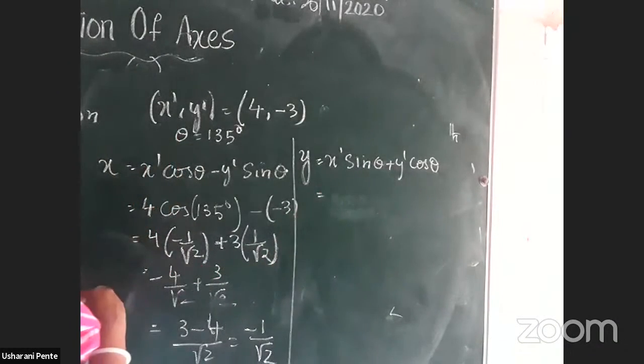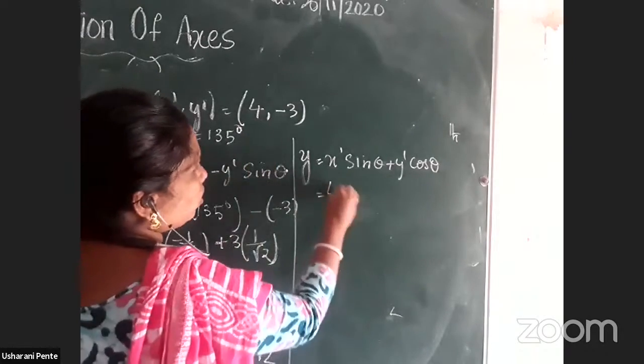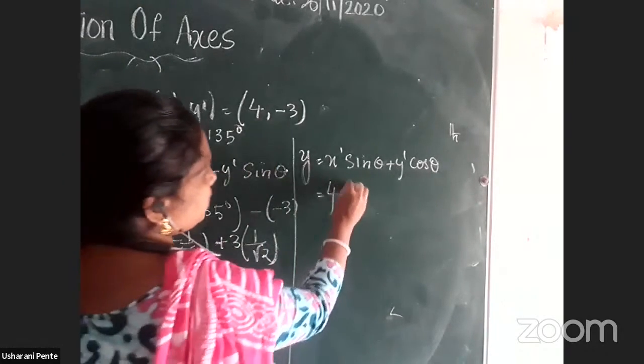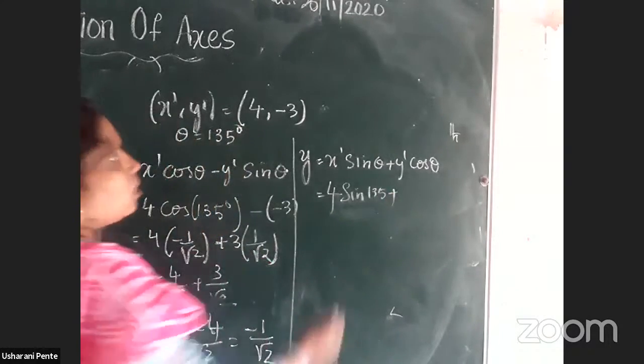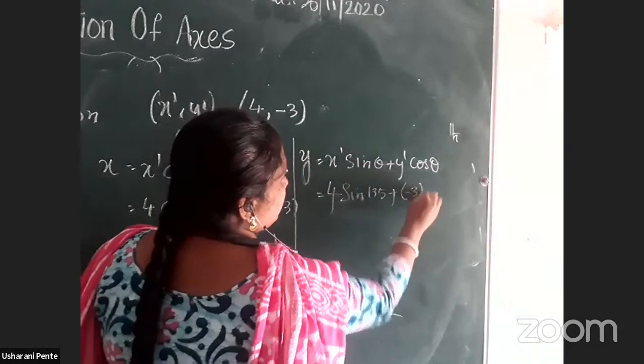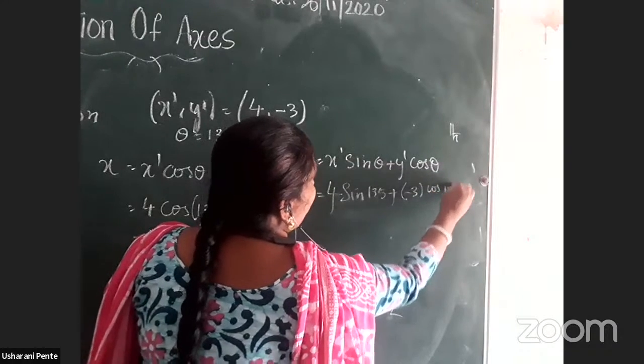What is x dash here? x dash is 4, so 4 times sin 135 plus y dash, which is minus 3, times cos 135 degrees.